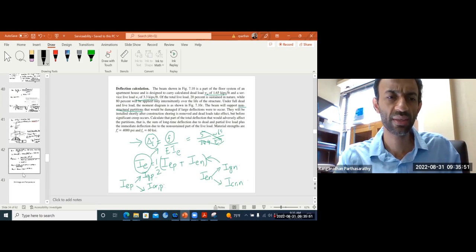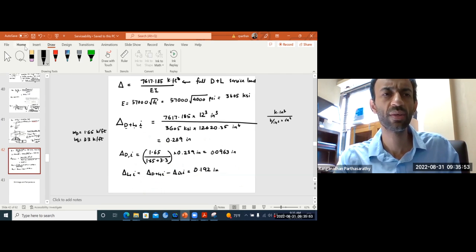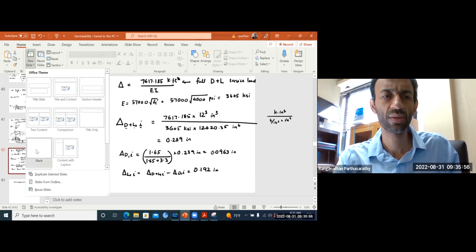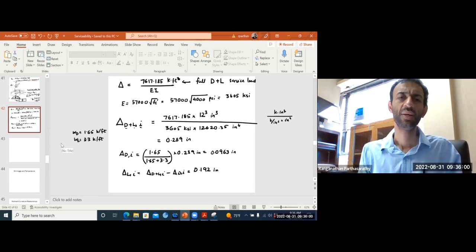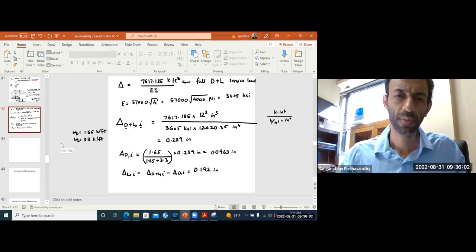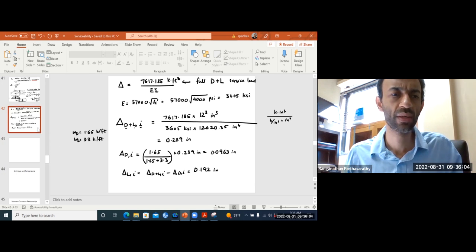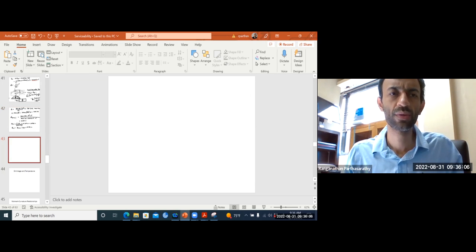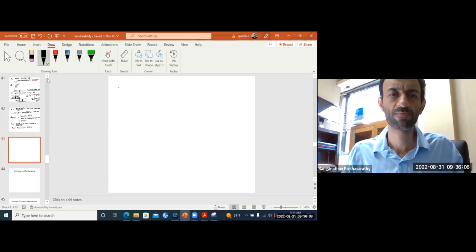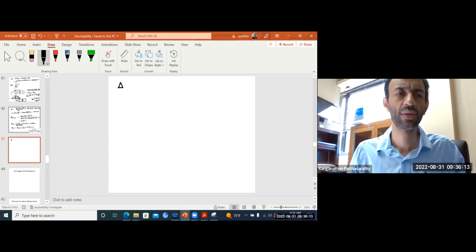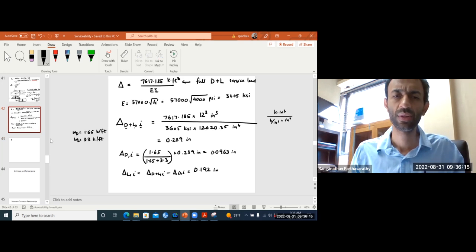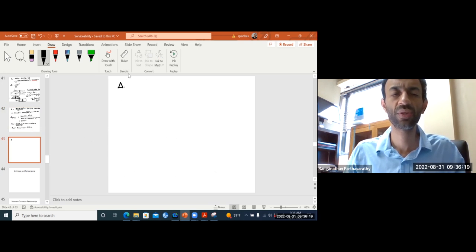Now how to calculate the delta long-term portion due to dead load.